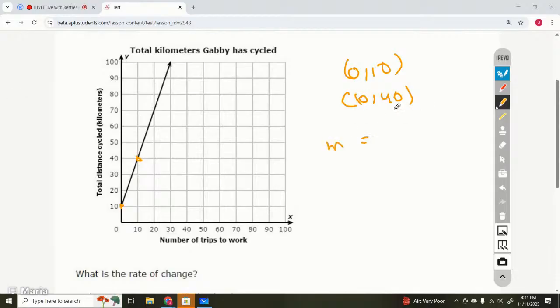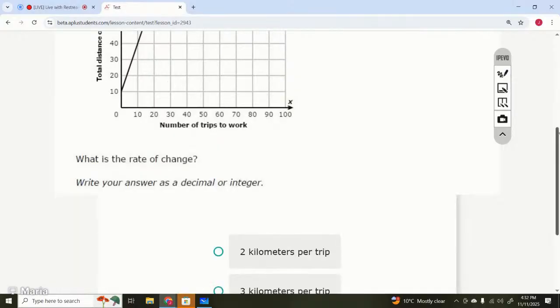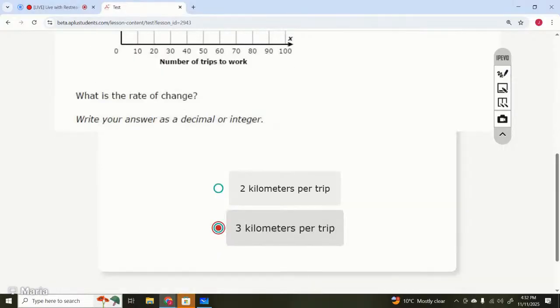So the slope is change in y divided by change in x, that is 40 minus 10 over 10 minus 0. 40 minus 10 is 30. 30 over 10 is 3. So the rate of change is 3. The correct option is 3, that is 3 kilograms per trip.